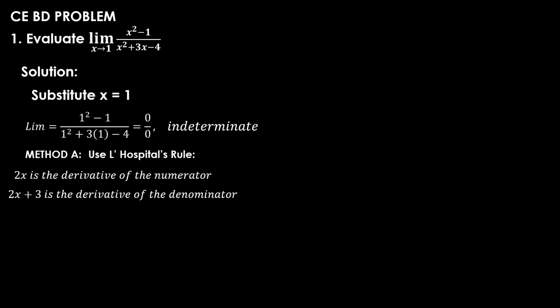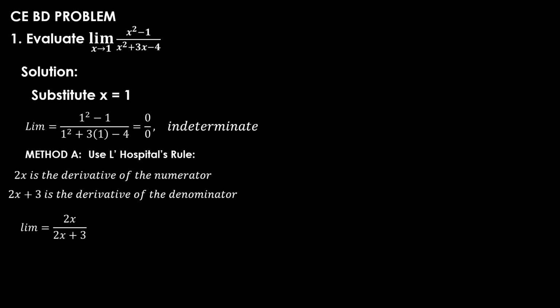What is its derivative? 2x plus 3 is the derivative of the denominator because x squared has a derivative of 2x, while 3x has a derivative of 3, and negative 4, since it is a constant, definitely has a derivative of 0. That is why 2x plus 3 is the derivative of the denominator.